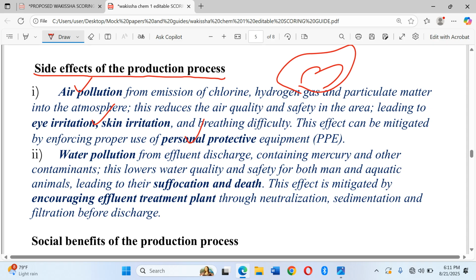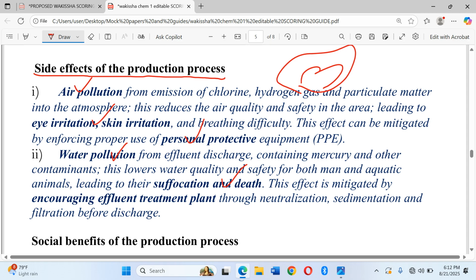But for the case of our discussion, we have put even another point: water pollution from effluent discharge containing mercury and other contaminants. This lowers water quality and safety for both man and aquatic animals, leading to suffocation and death.